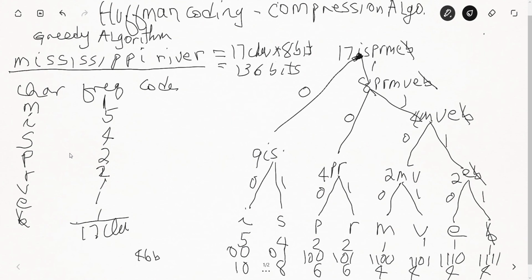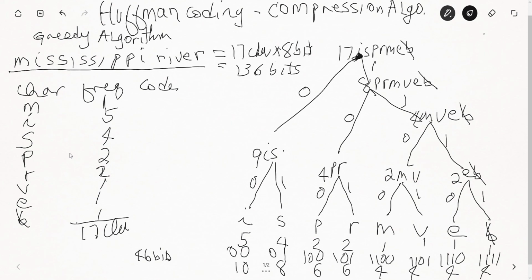Total bits. Now all I have to do is take a percentage of that. Let me confirm: it's 10 plus 8 plus 6 plus 6 plus 4 plus 4 plus 4 plus 4.